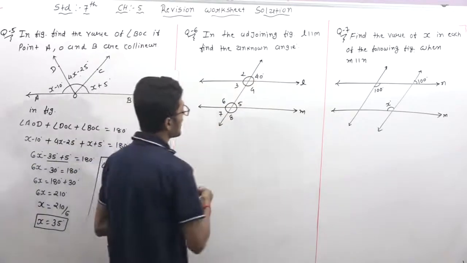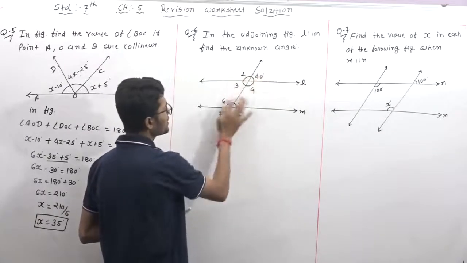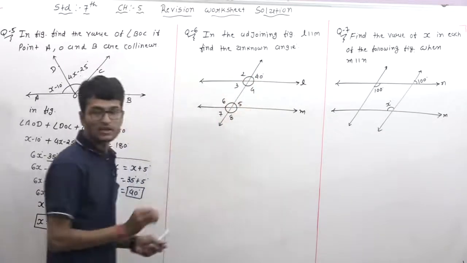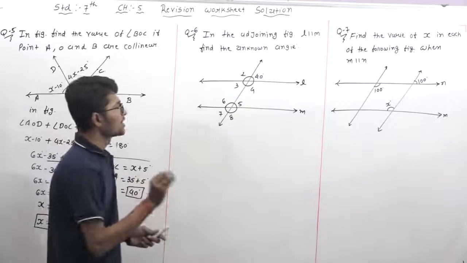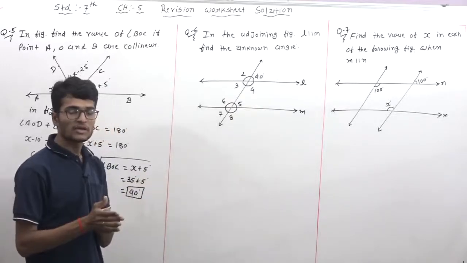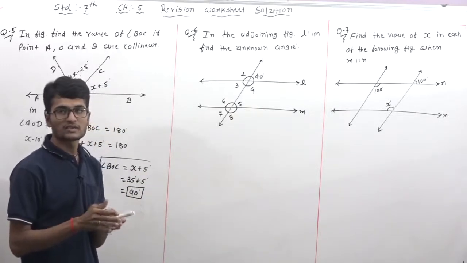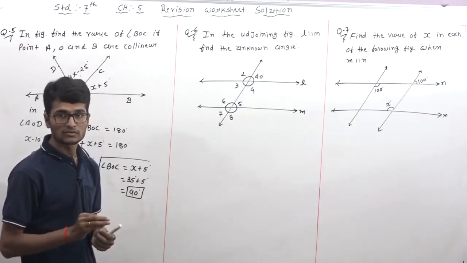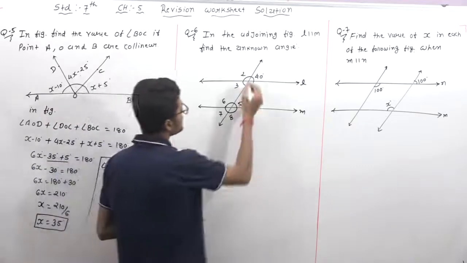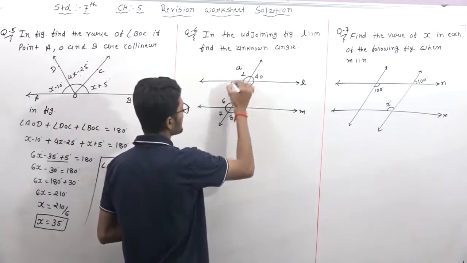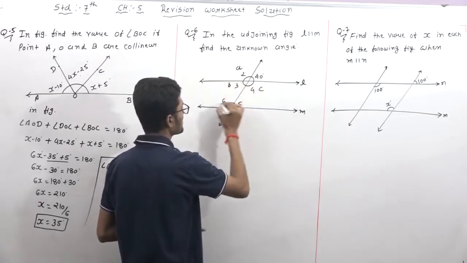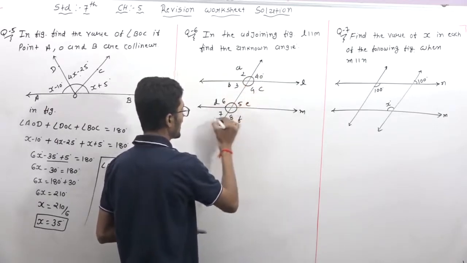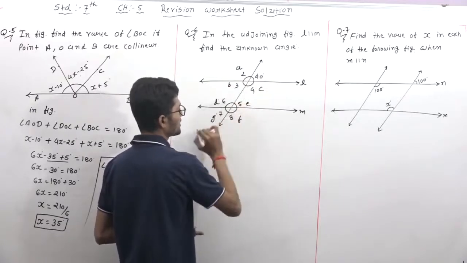So how to find it? See, here numbers are given. So I have to take some alphabet letters so that we have no difficulty in subtraction and addition. Right. So suppose this one is A, this one is our B, and C, D, E, F and G. Right.